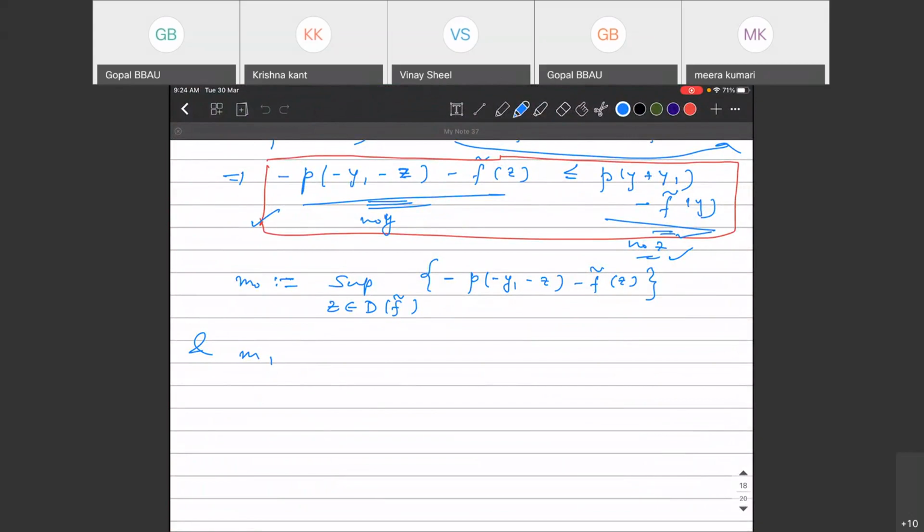Okay, so we took supremum on the left hand side, and now on this side y1 is fixed, and the only thing that varies is y. So take m1 equal to infimum, y varies, of f tilde theta p y plus y1.